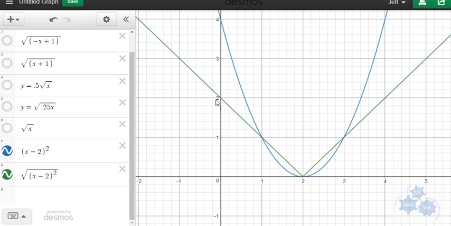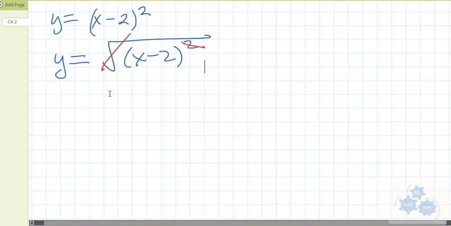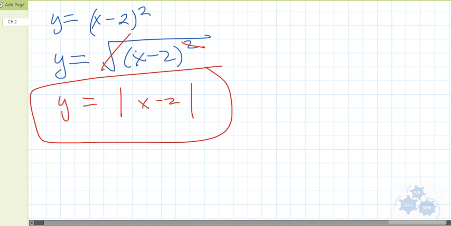Look at this, it's not a straight line. Look at the green line. It does not continue on through to the negative because you can't take the square root of a negative. Ouch. So guess what we've got to do? This is pretty close, but it's actually y equals the absolute value of x minus 2. So you're close. Good job. Nice work.